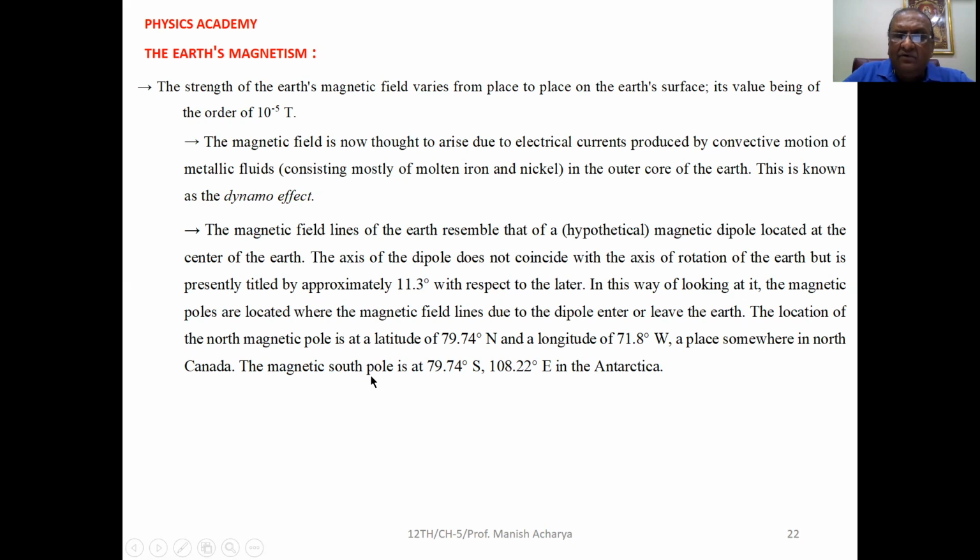The magnetic south pole is at 79.74 degrees south and 108.22 degrees east in Antarctica. Clear?